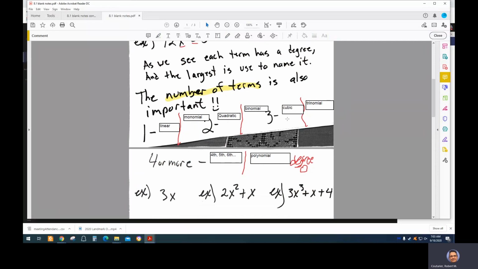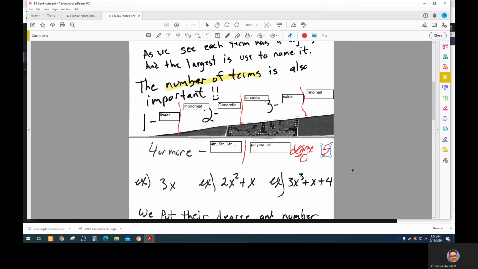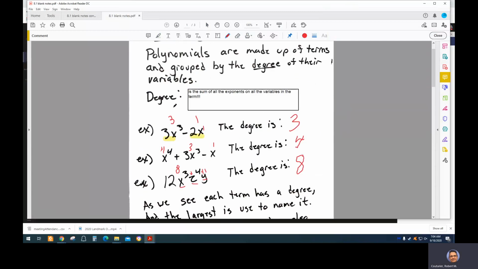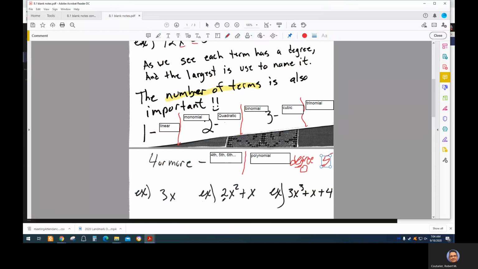Let's look at the special degree, though. What if I were to give you the number 5? Well, the definition of a degree says it's the sum of all of the exponents on that variable. There are none. This is where we have a little bit of that hidden or invisible math.